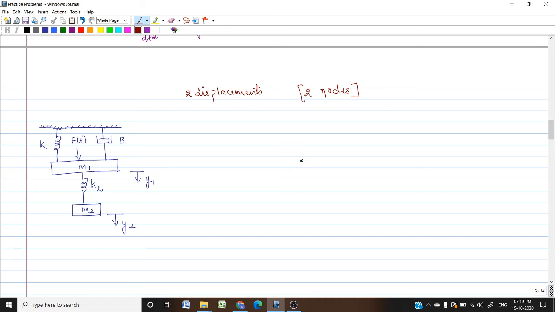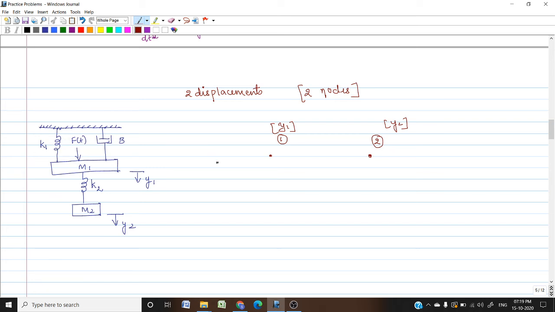Okay, so I'll take this as node number 1. This is with respect to y1. And this I'll take it as node number 2. This is with respect to displacement y2. Now coming to the displacement y1, it is mainly because of the input force f of t, and the reaction forces k1, b and m1.